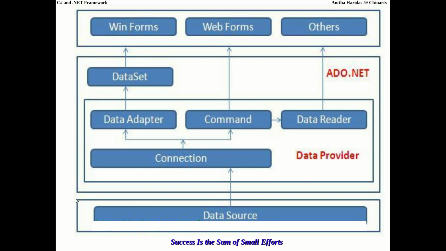And the bottom data source is what you call the backend database. Please make a note of it. This is a backend database and this is a front-end control. Now this .NET application, which is otherwise called the front-end control, will communicate to the data source either by using a data provider or by using a data set.